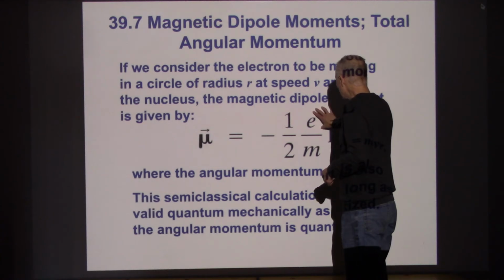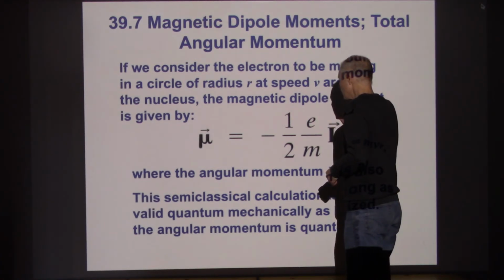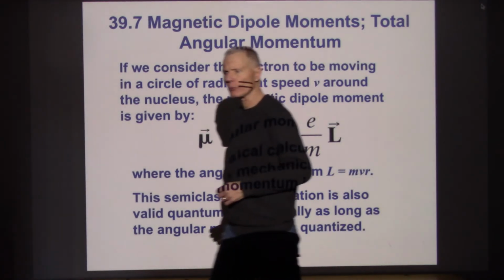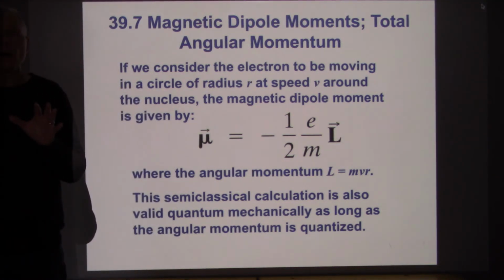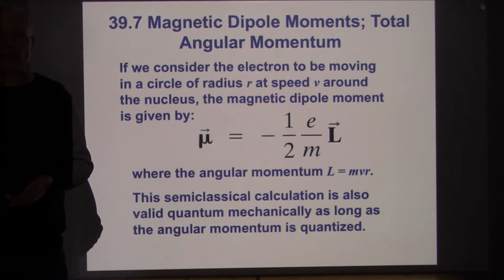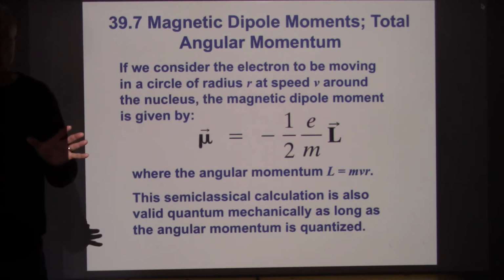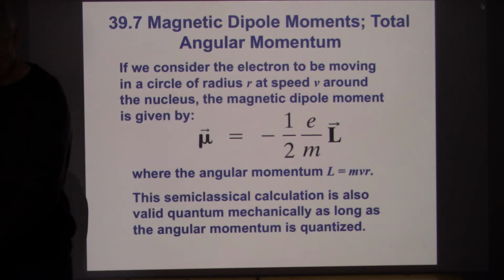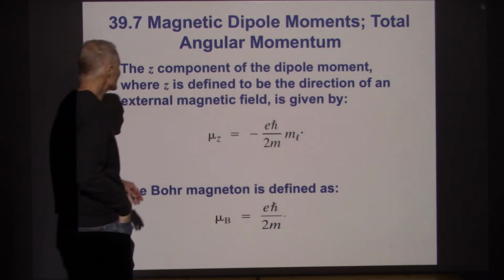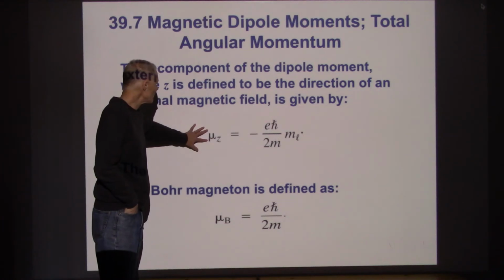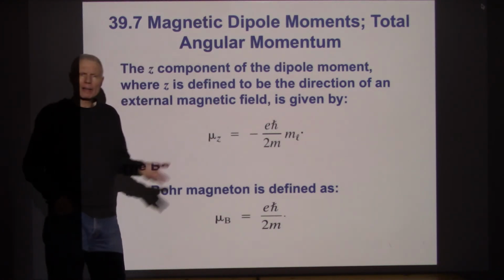It's a charged particle with angular momentum, and that will generate a magnetic field. So the electron will feel the effects of surrounding magnetic fields, and it will also generate its own magnetic field. Both sorts of things are going on. And what this is showing is that we can break that magnetic dipole down, we can quantize it.